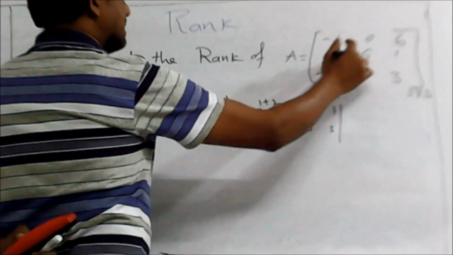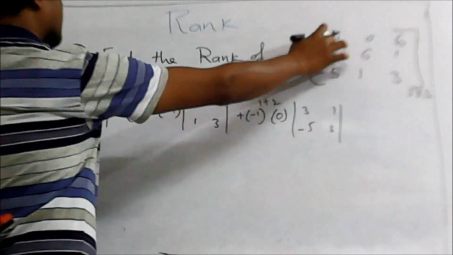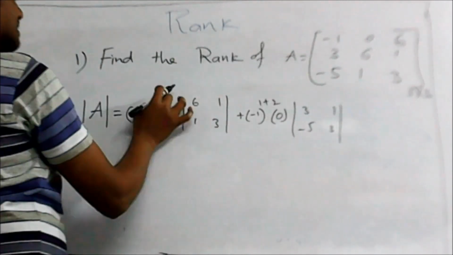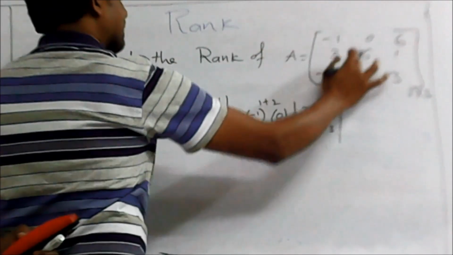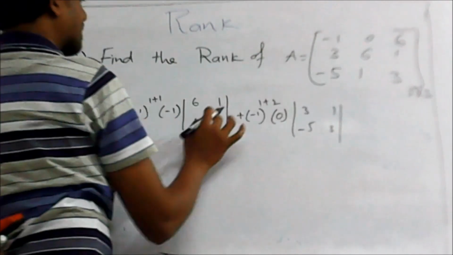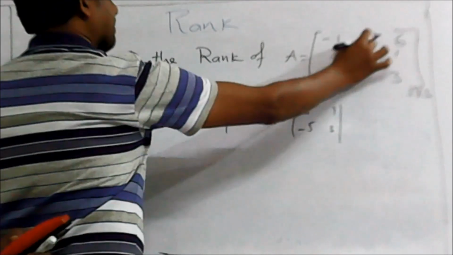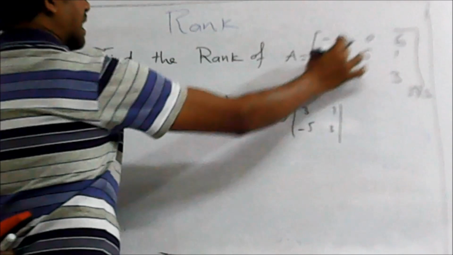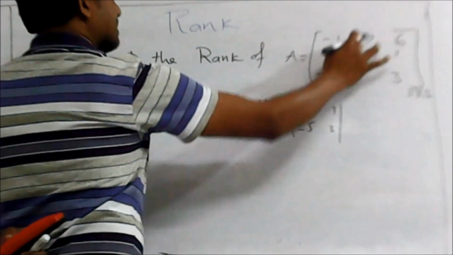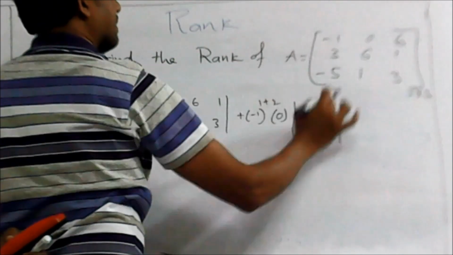For the cofactor of each element, it is (-1) to the power i plus j. For the first element, position 1 plus 1, times the remaining determinant after removing that row and column: 6 1, 1 3. Similarly for the 0, the second element, the position is (-1) to the power 1 plus 2, first row second column, and its minor is 3 1, -5 3.